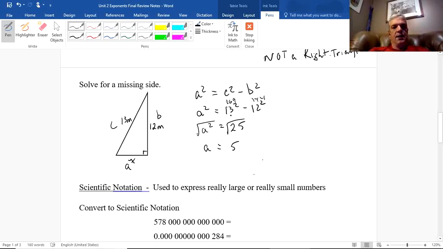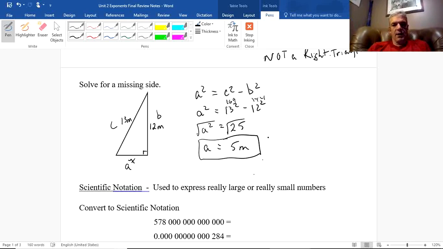And therefore, a equals 5, and I should include my units, meters. It's not a word problem, so a therefore statement, I'm not asking you something in words like I was in the previous question where I said, is this a right triangle or is it not? Then I have to use a therefore statement. When it says solve for a, the missing side, then you don't have to do that.